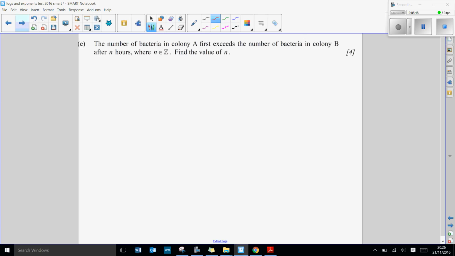So final question, it says we need to find when the colony in A first exceeds, so that means is greater than, the number of bacteria in colony B. They've said where n is a member of Z. Remember that the Z indicates it's an integer, so we're trying to find a whole number value for n. It's always a good idea to try and summarize what you're trying to look at.